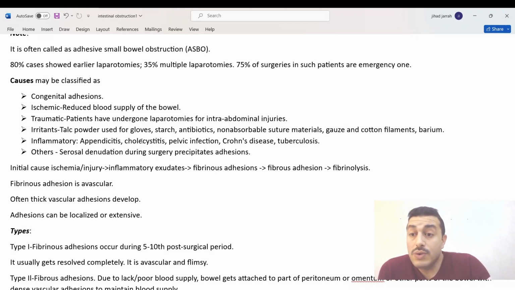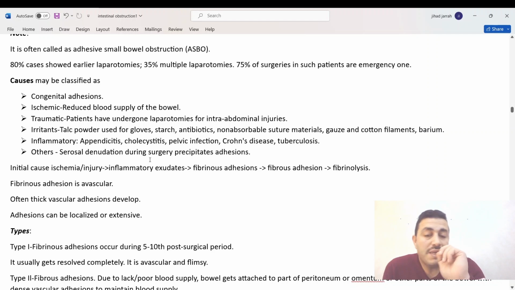Okay, we said ischemic, congenital, traumatic, for example post-laparotomies. Irritant, they classify it, for example talc powder that's used in gloves, starches, antibiotics, and gauzes, etc. Inflammatory, such as cholecystitis, appendicitis, Crohn's, tuberculosis.